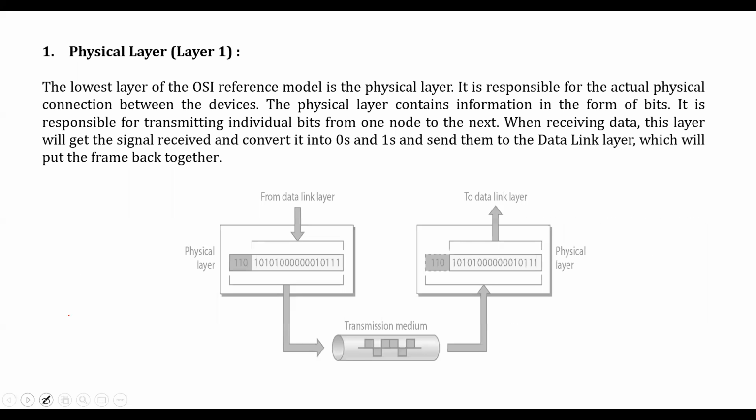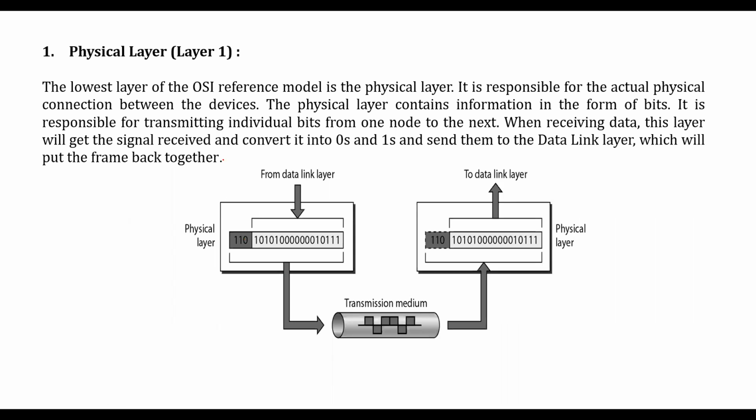And finally, the physical layer, the lowest layer. When data from the data link layer is in the form of frames and moves to the physical layer, the entire frames are converted into individual bits, followed by the address, which is also in bit format.